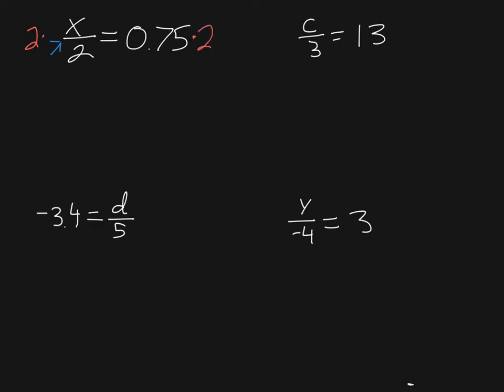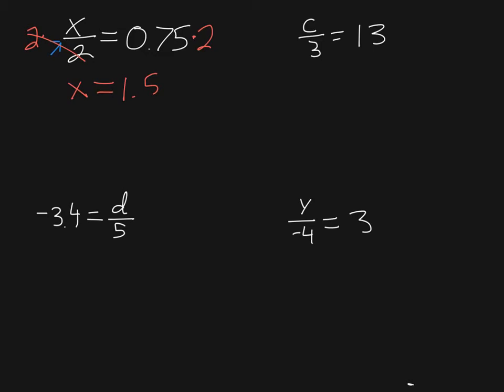Now, because these are inverse operations, they cancel. I'm left with x equals 0.75 times 2, which is 1.5.